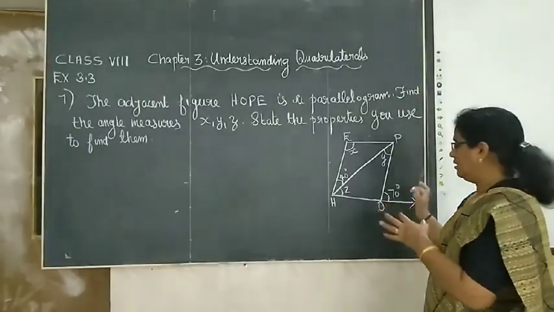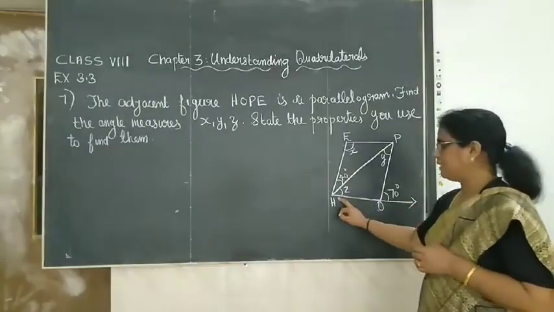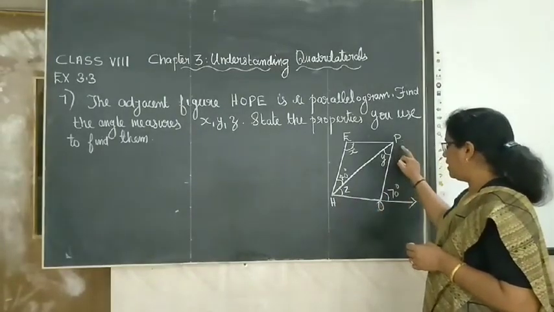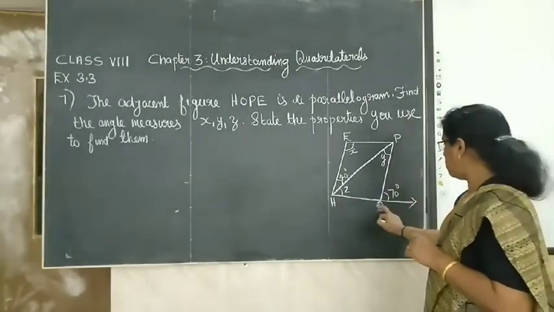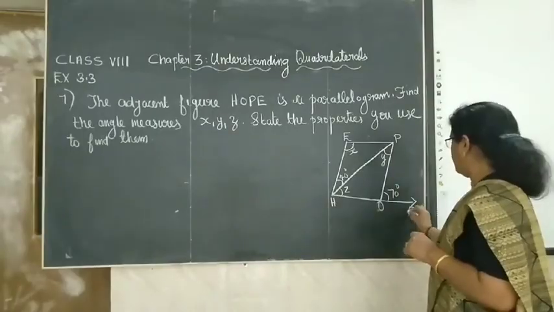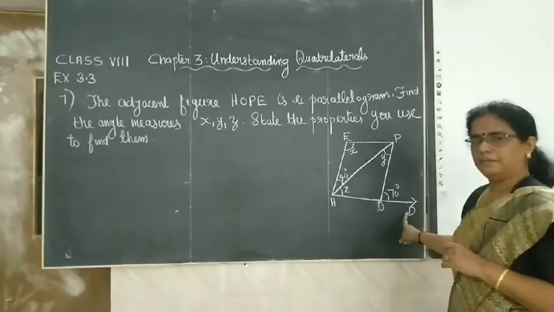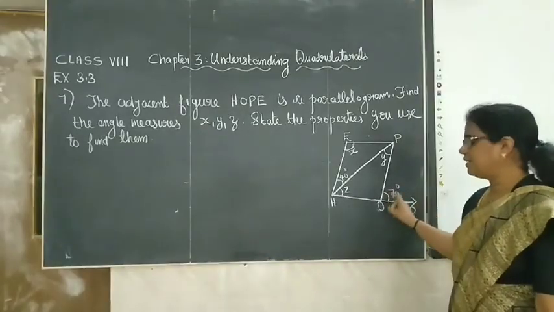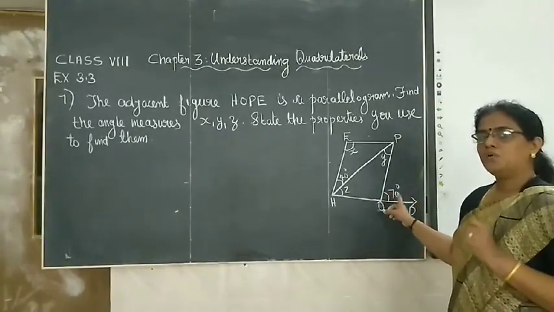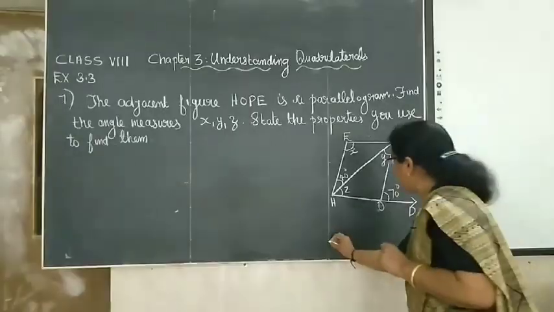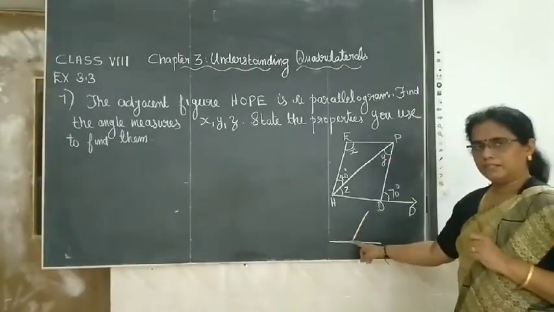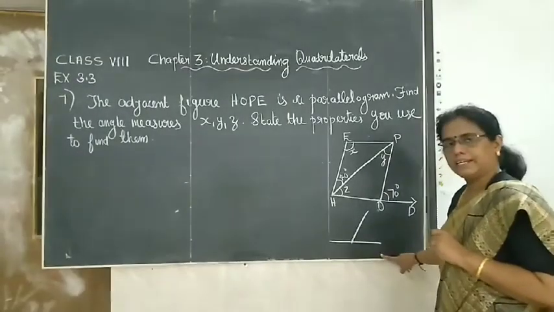Now you look at the figure. Here when we consider these angles, that is angle HOP plus angle POD, angle HOP plus 70 degrees, that is equal to 180, because they are a linear pair. Linear pair means two angles formed on a straight line.